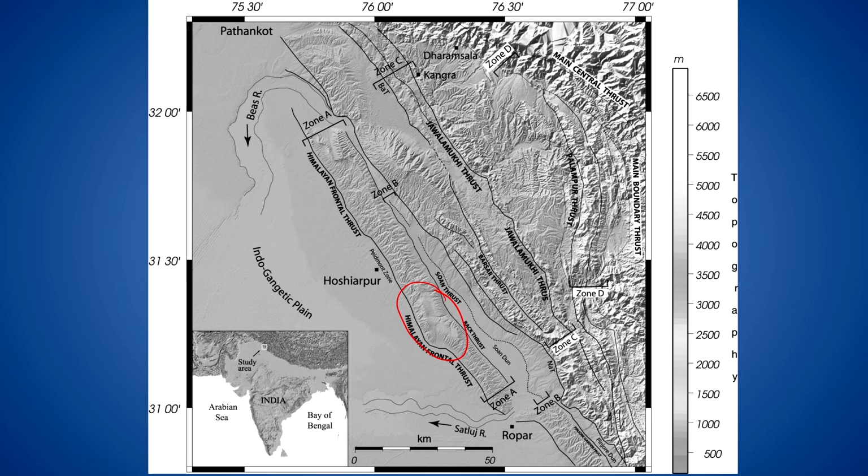So we interpreted that this is the area of fault linkage, where two faults, along with the folds, interacted and resulted in this uplift. That was the concept which was given.